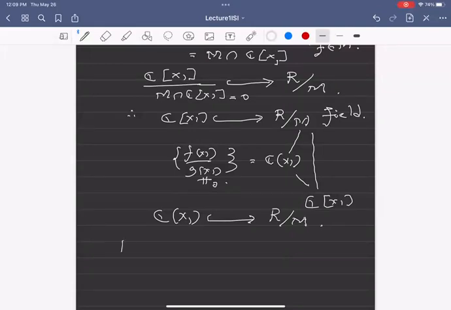Now let's go back to R. R is C[x1, x2, ..., xn]. This is a vector space, a complex vector space. What is the dimension of R as a complex vector space?